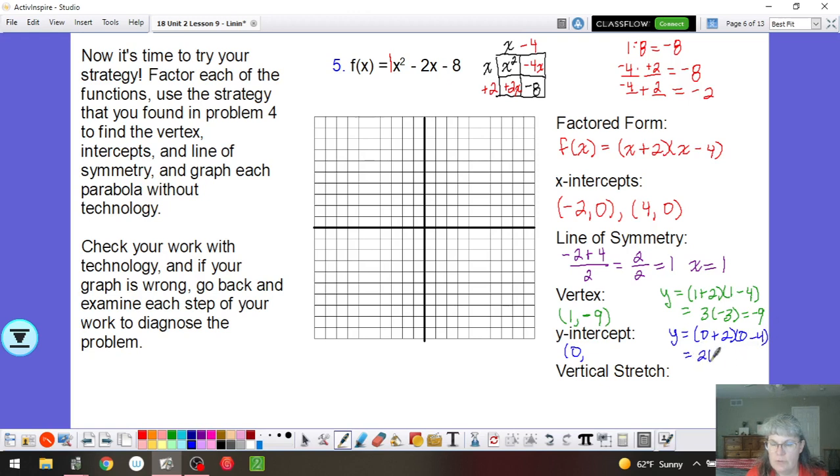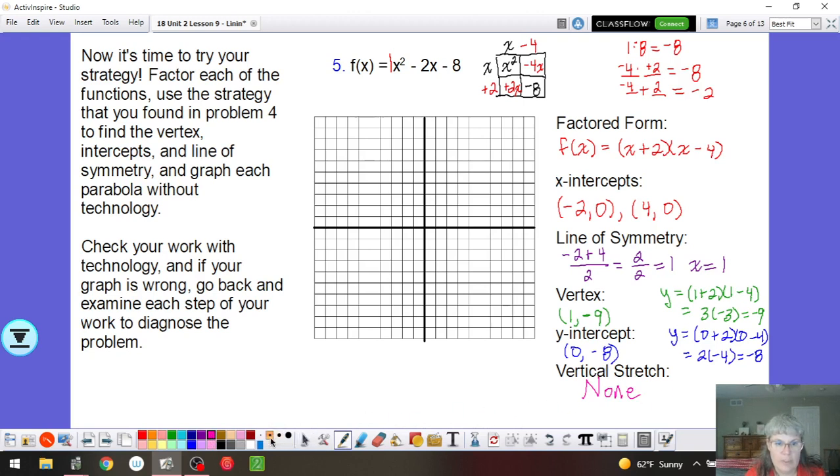So we have 2 times negative 4 is negative 8. And for the vertical stretch, I can look at my original equation, and it was a 1x squared. So we can say that there isn't any, or that the vertical stretch is none in this case.